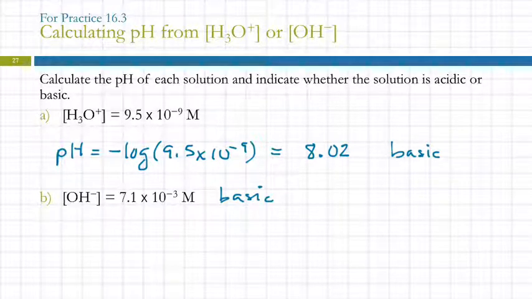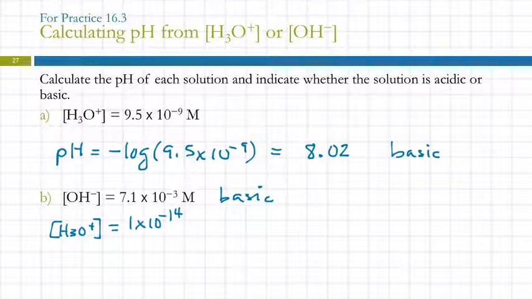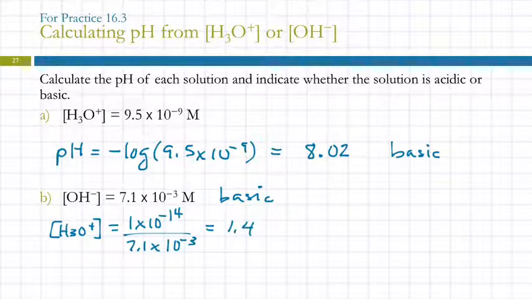So to get the pH, we need to calculate the hydronium ion concentration first. Right? So we've got 1 times 10 to the minus 14 divided by 7.1 times 10 to the minus 3. And then we're going to do the negative log of that. So this is giving me 1.4.